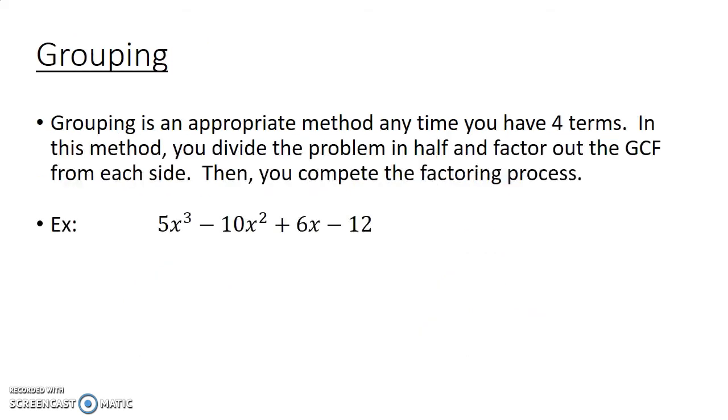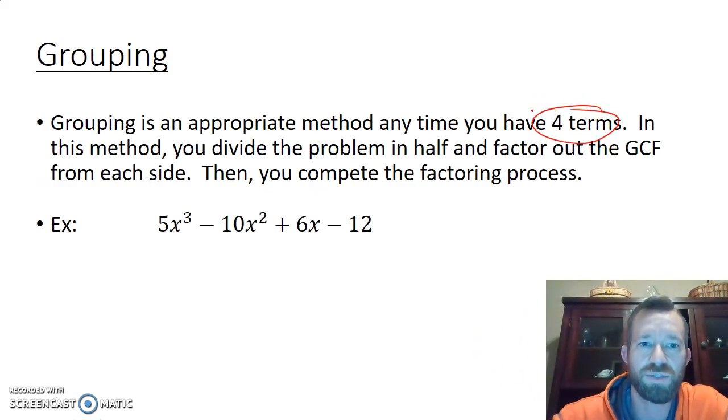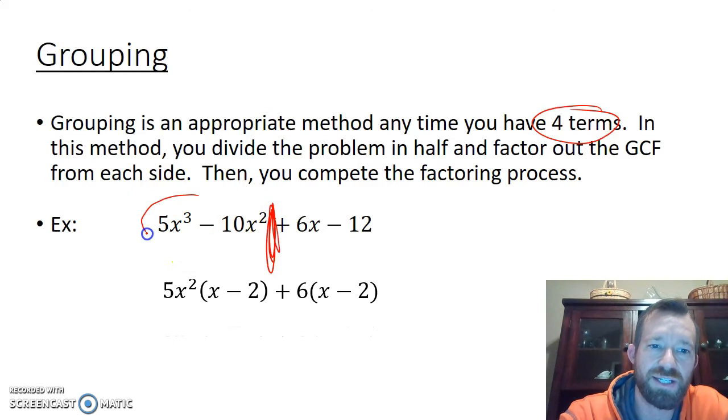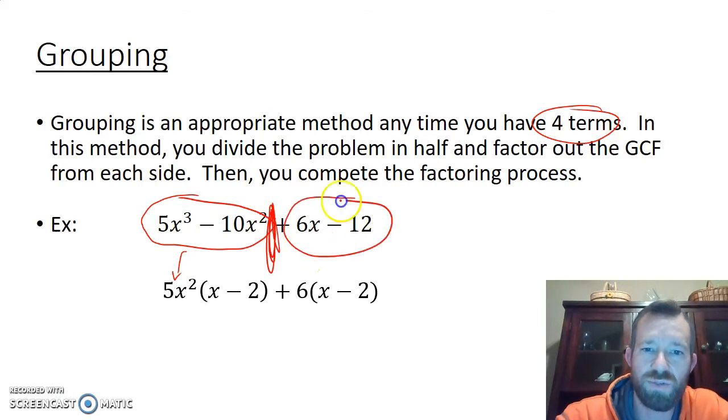As we move on, we talk about grouping. Grouping is when you have 4 terms, really any even number of terms. We're going to divide this problem in half down the middle. What will happen is we take out the GCF from the left side. On the left side, this 5x squared represents the greatest common factor. On the right side, we do the same thing.